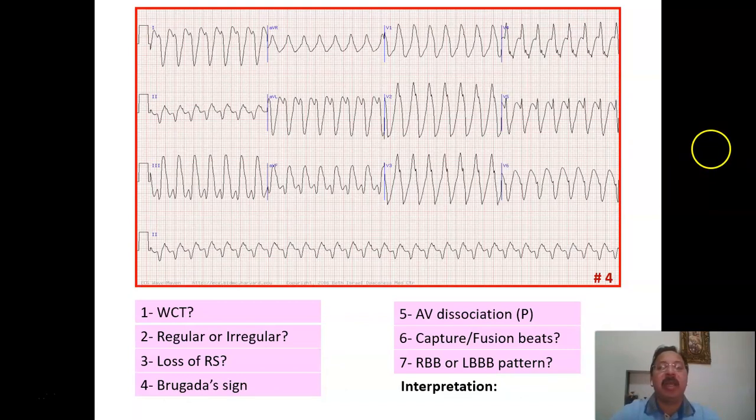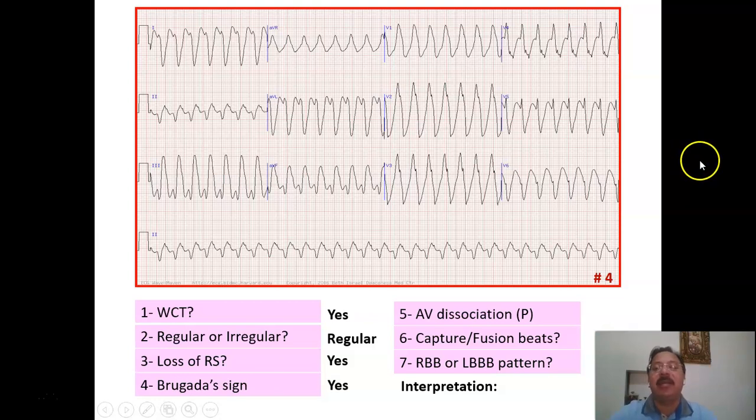It's a wide complex tachycardia. Answer yes or no? Yes. Regular or irregular? This is regular. Loss of RS? Yes, in most of the leads. Brugada sign? Yes. And you see these special notches in the QRS complexes.